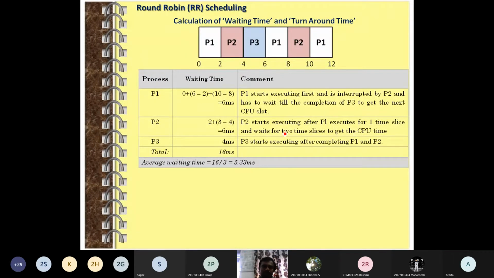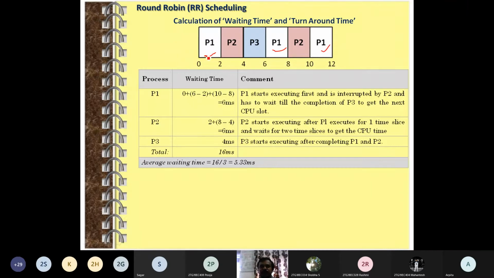As we observed, P1 is executed 3 times. The first time it is okay, no problem. It is the first process, and it is allocated only 2 milliseconds. Then for the remaining slots, it has to wait. You can observe in the diagram.